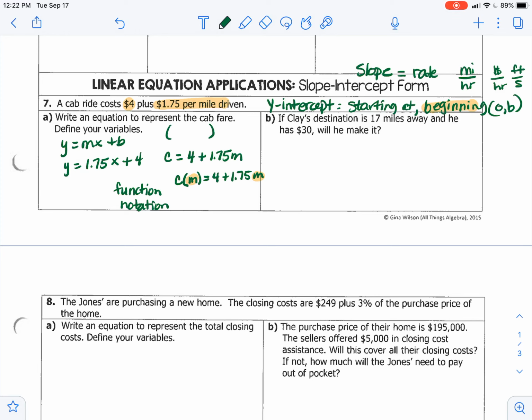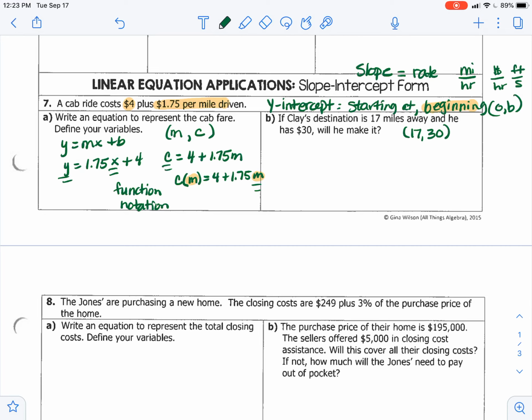When I put the variables in there, hopefully you realize that my x is miles, and my cost is my y. Just relating those two. So when I come over here, I'm really looking at the point (17, 30). 17 miles cost $30.